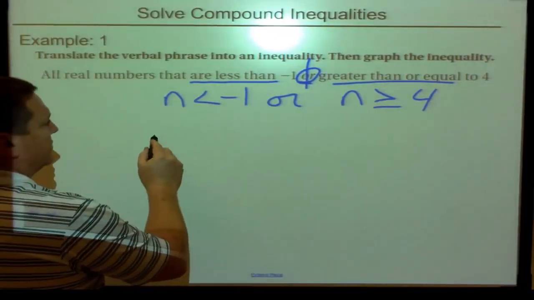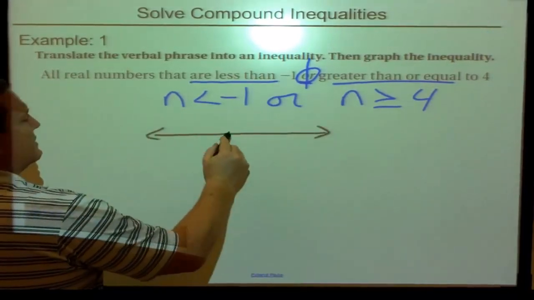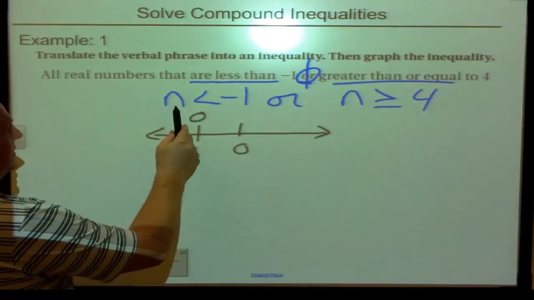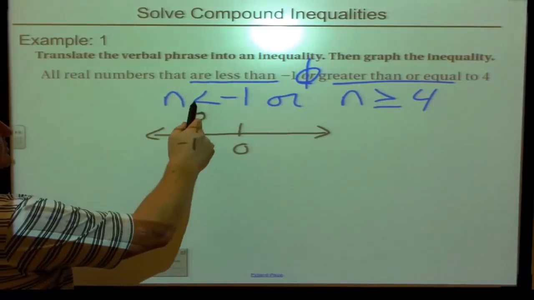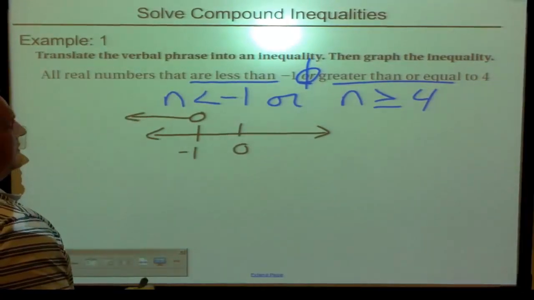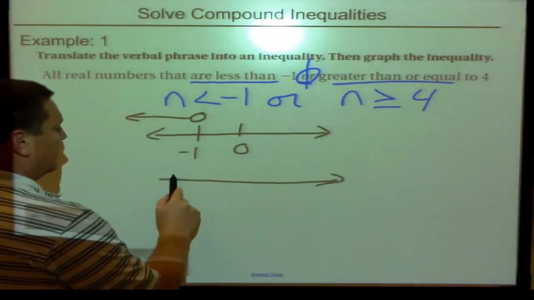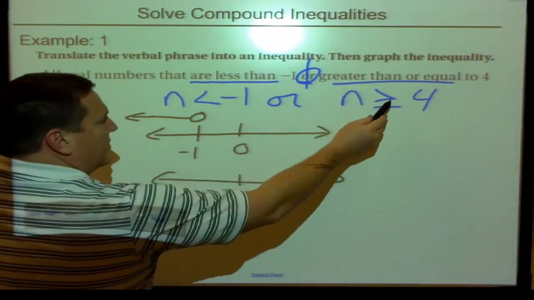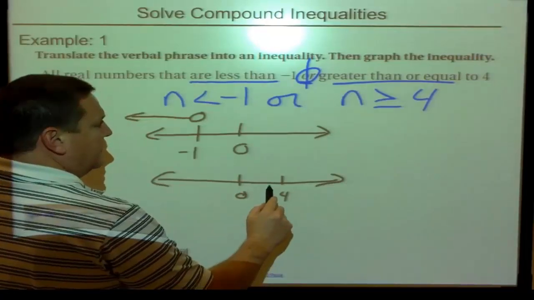Let me graph this one first. There's 0, -1. Open circle because it's not equal to, and it's facing away from the variable, so I'm looking for numbers that are smaller, so that means to the left. Graph this one now. 0 is there, 4 is on this side.